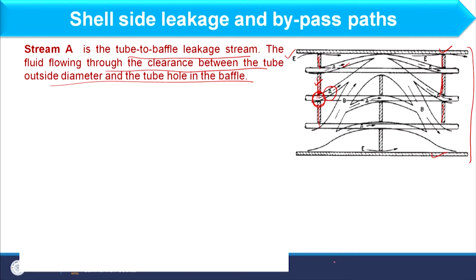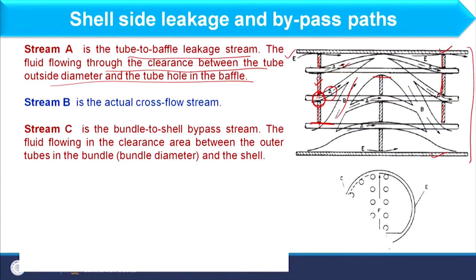Now, next stream is stream B. Stream B is wherever the flow in the shell side is perpendicular in comparison to tube side flow. This B stream is available basically between baffle tips. So, this we consider as cross flow stream. Now, if you remember, Kern's method considers the maximum flow area which is available at the bundle equator.